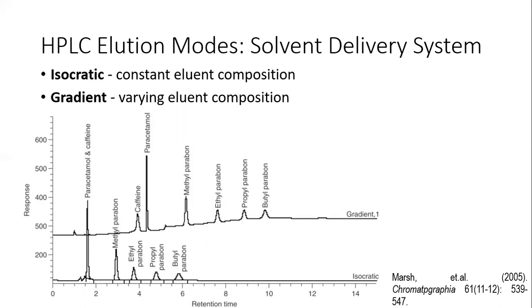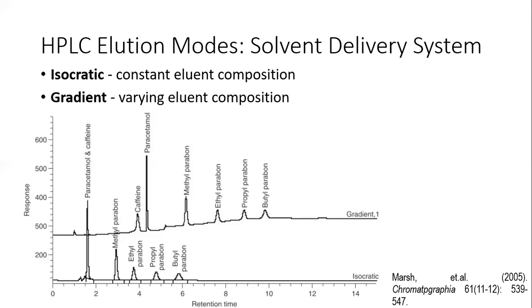Okay? So in the isocratic mode, you have a constant composition of your mobile phase. So fixed siya all throughout your analysis. Whereas in your gradient mode, as you perform your analysis, nagva-vary. So merong certain solvent na nag-i-increase, and then there is also another solvent that decreases. Okay?